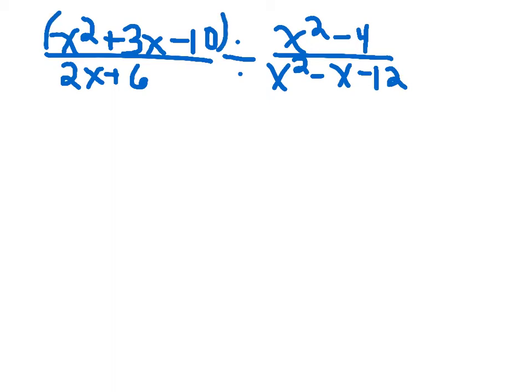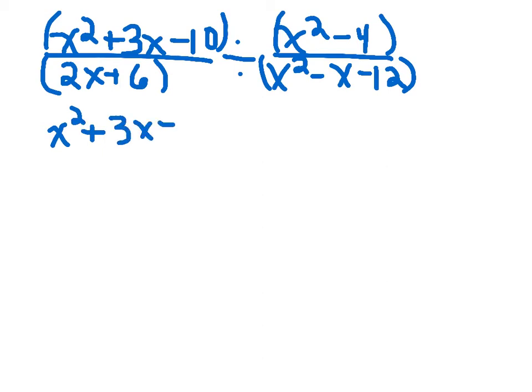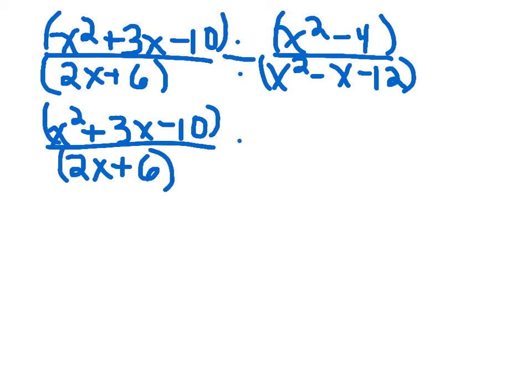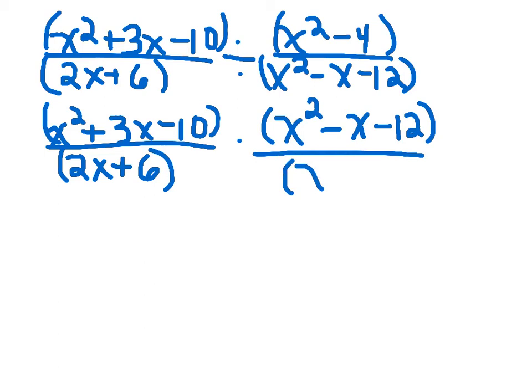Put your polynomials in parentheses, which hopefully you do. So now I'm going to flip. (x squared plus 3x minus 10) over (2x plus 6), putting those polynomials in parentheses so I don't become tempted to cancel before I should, times (x squared minus x minus 12) over (x squared minus 4). Now it's time to factor.